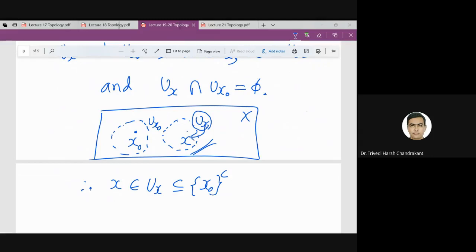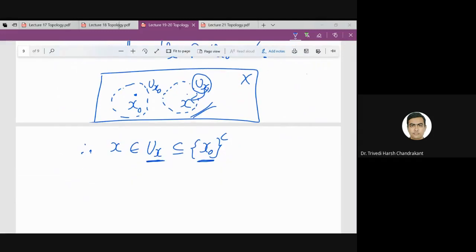So I have a neighborhood which does not intersect this set. So there is a neighborhood which does not intersect this set. So that means x cannot be inside the closure of {x naught}. Here we are taking A as the singleton {x naught}.